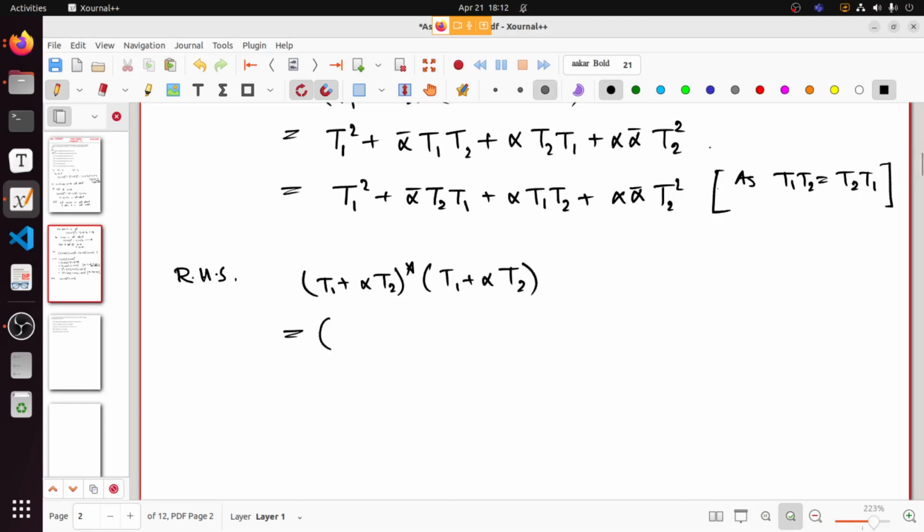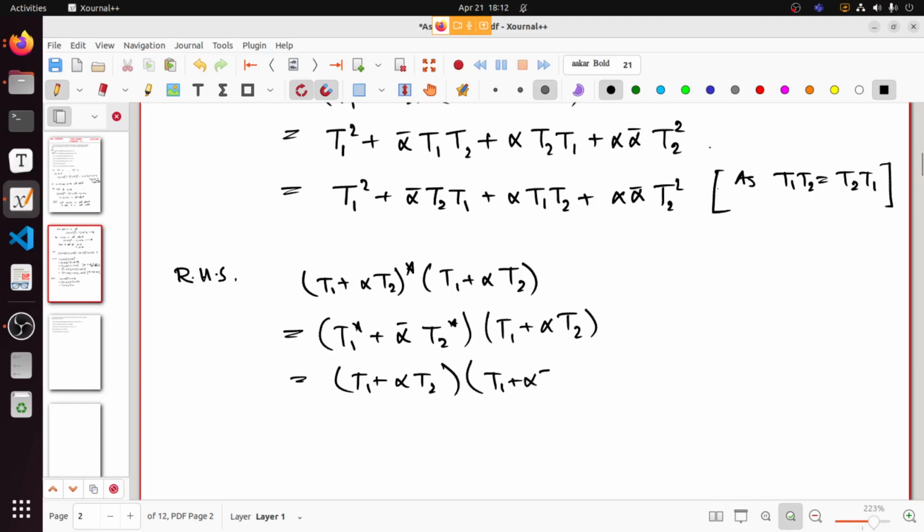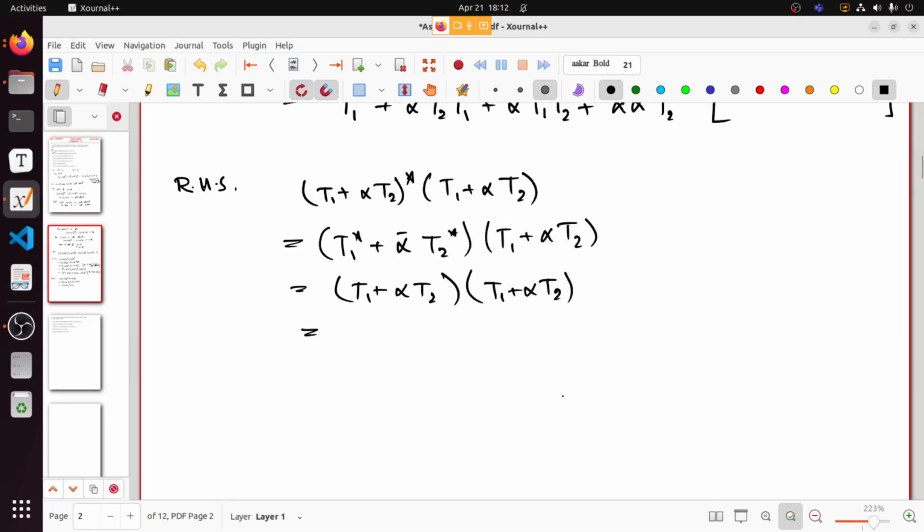So again use the definition, T1 star plus alpha bar T2 star, times T1 plus alpha T2. You can use that they are self adjoint, so T1 star is T1 and T2 star is T2.